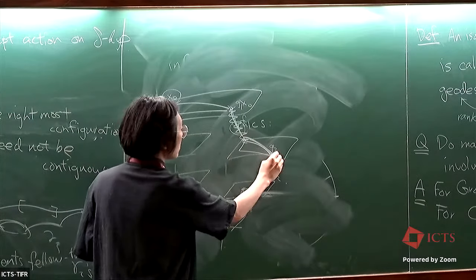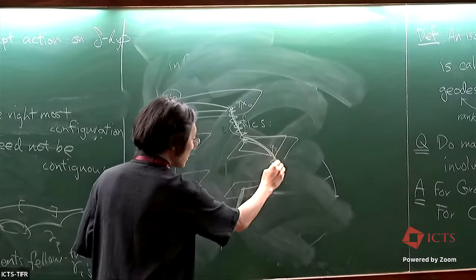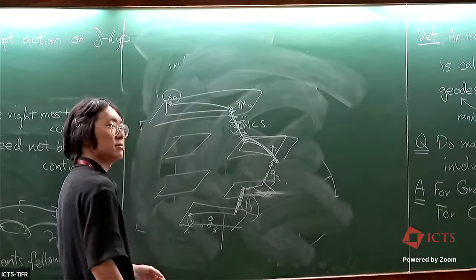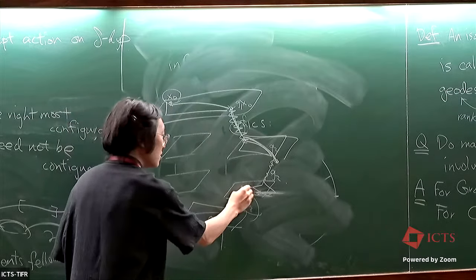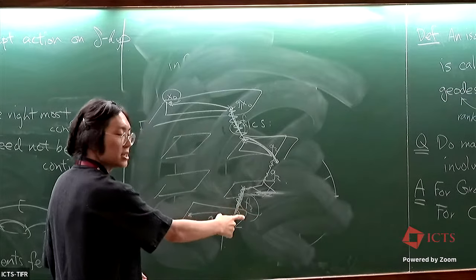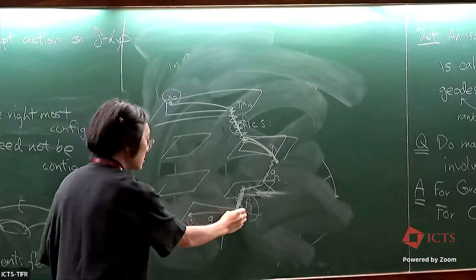And also you can detour, and here you might not detour, but here you might also detour, but at least when you're passing through the progress by rank 1 geodesic, it's brought exactly close to the rank 1 progress.